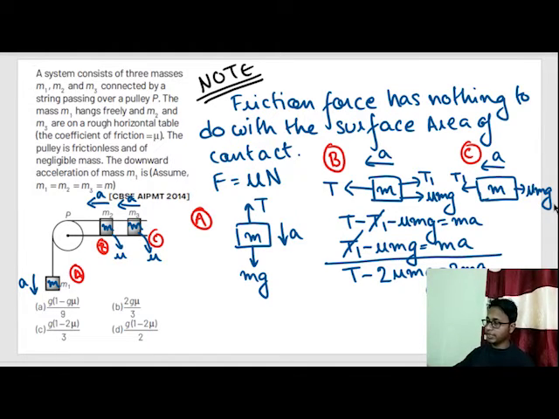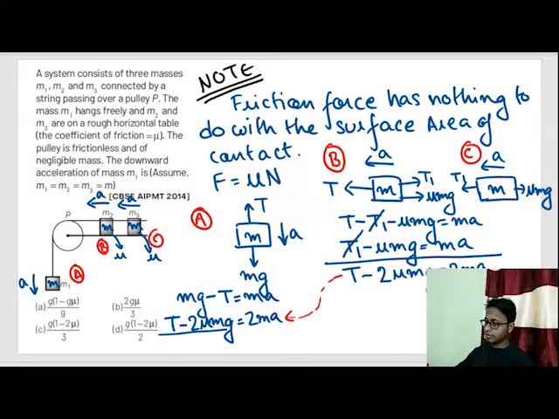Now let's see the equation from A. From equation A, mg minus T is equal to ma. Now if we combine these two equations, let's see what we get. T minus 2 mu mg is equal to 2 ma, and minus T plus T gets cancelled.